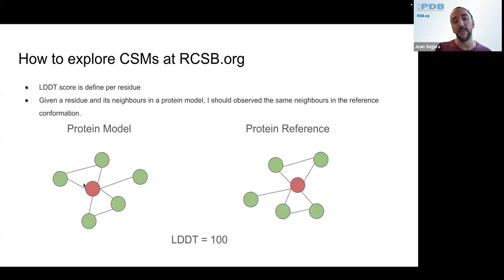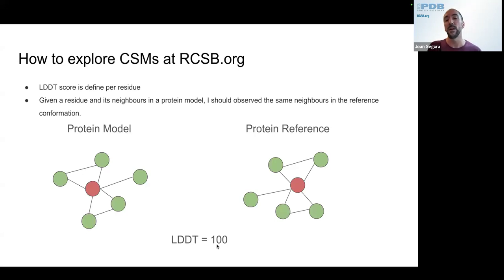But if I take a residue, my red residue in the protein model, and I consider its environment, what I have to observe in the native structure or the reference is that the environment is the same. Even if the orientation doesn't match, what I want to observe is that the neighbors of my residue in my model are the same as in the native conformation. In this situation, the residue has exactly the same neighbors, so the LDDT is going to be 100.